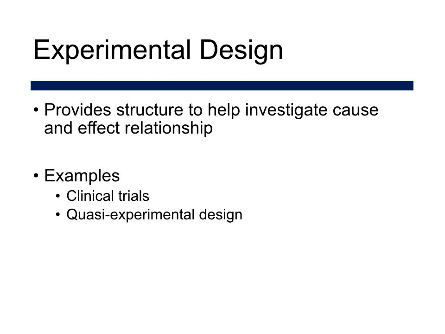Experimental design provides structure to help investigate cause and effect relationships. Typically, in an experiment, there is some type of intervention or treatment that is being tested. Clinical trials are used to explore the effect of a particular intervention on a particular population, community, or patient setting.